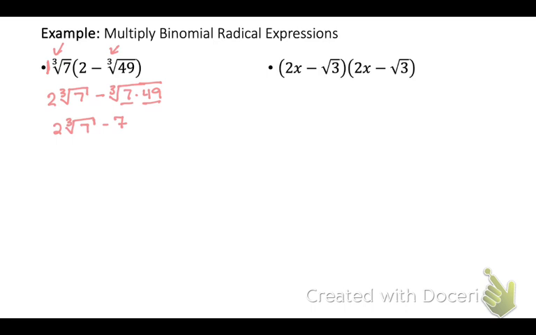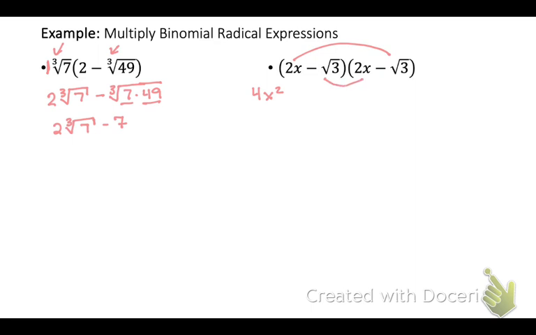Okay, what are you going to do with the next one? Same thing, you just FOIL, distribute, right? So 2x times 2x is 4x squared. And then I'd have negative 2x square root of 3 and negative 2x square root of 3.